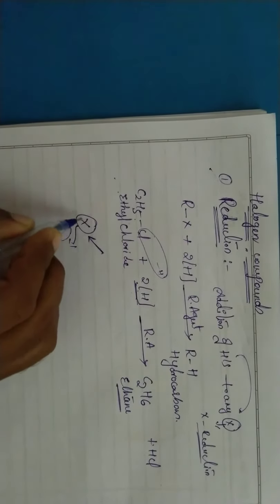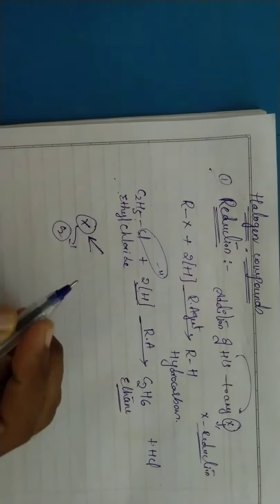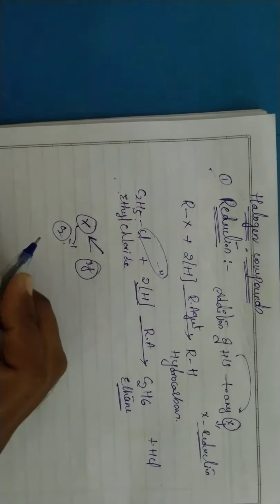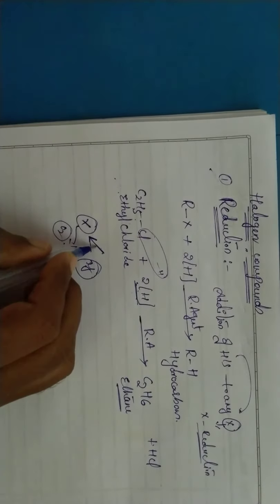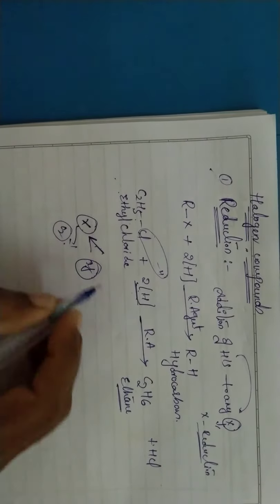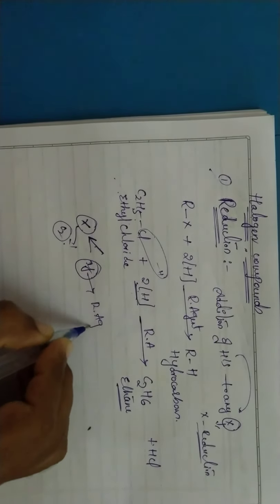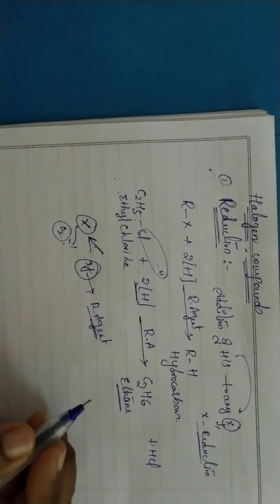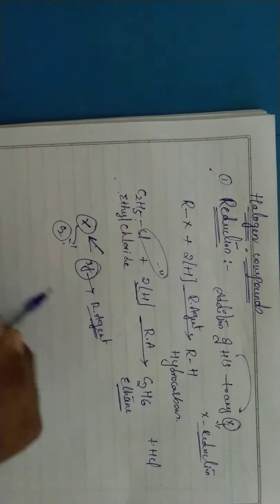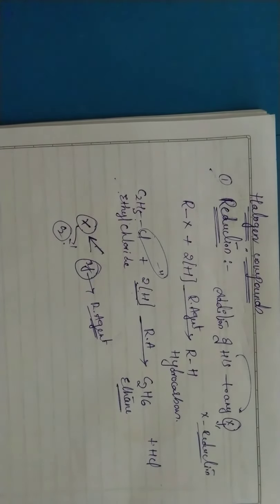So to X, for adding hydrogens or removing oxygens, we need some Y compound. With the help of Y, we are adding hydrogens to X or removing oxygens from X. This Y compound is called the reducing agent. We can define a reducing agent as the substance which is useful for the reduction, the substance used for conducting the reduction reaction.